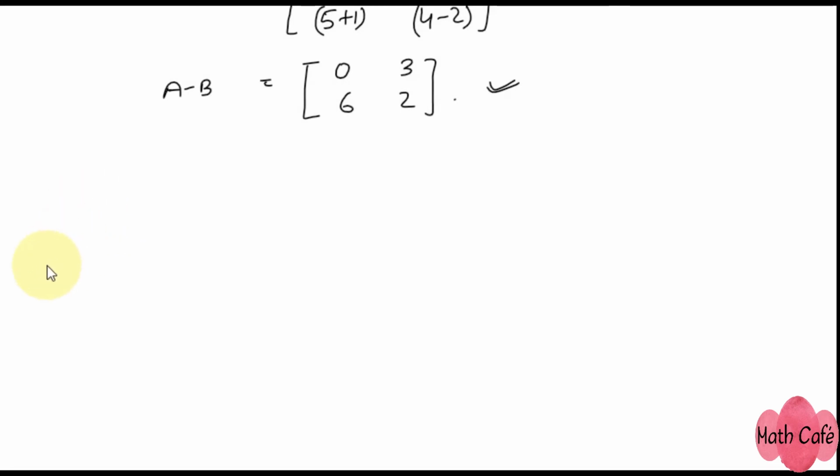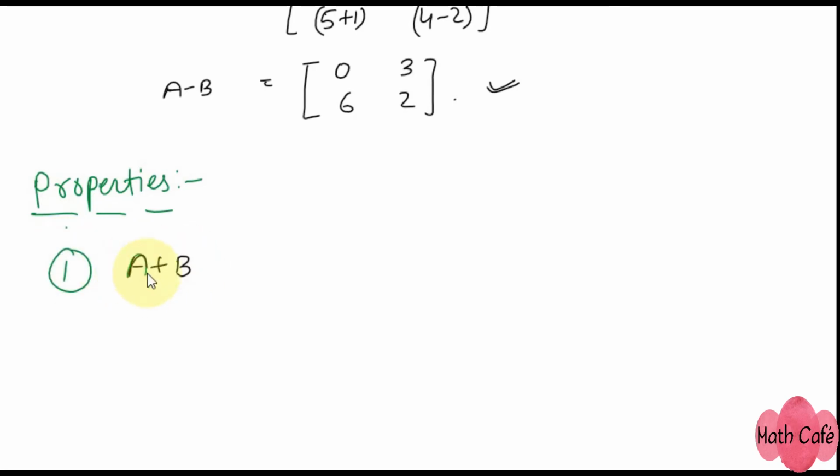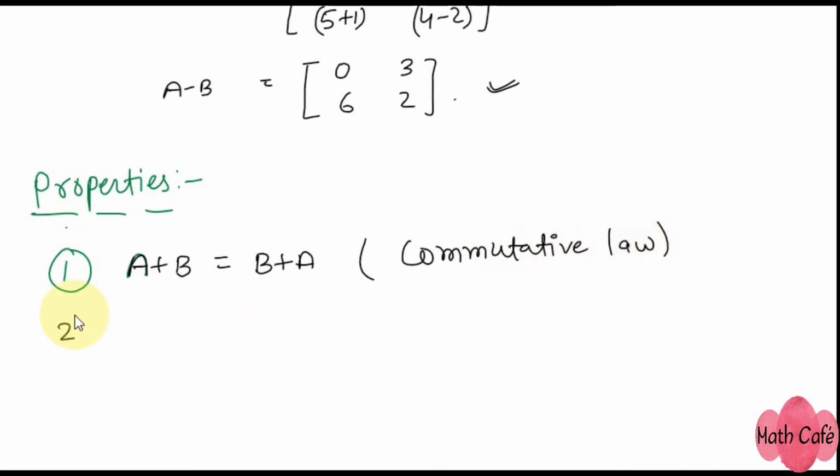So next we will see some properties based on addition and subtraction of two matrices. So first property is any matrix A plus B can be represented by B plus A. All right, so this law is called the commutative law, or commutative rule.